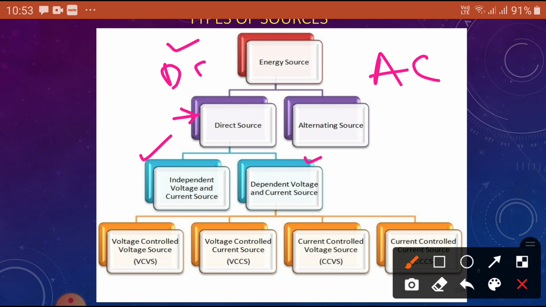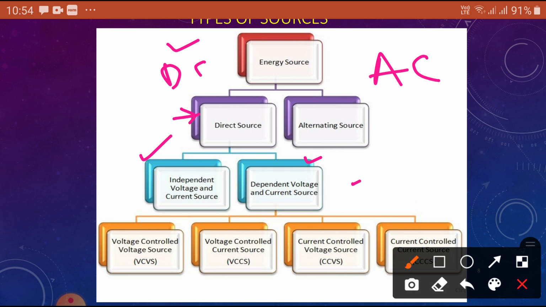There is a condition here. It is not independent; it depends on other factors. Based on those factors, it will give the voltage or current. Whereas the independent source directly gives the voltage and current. It does not depend upon other factors. Now the dependent source is further classified into these four types.